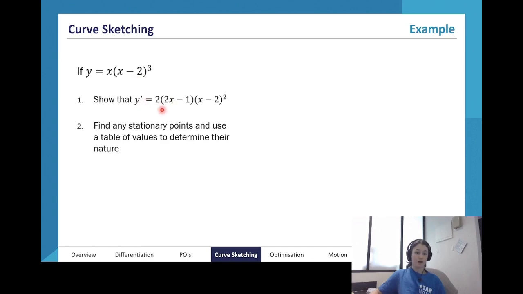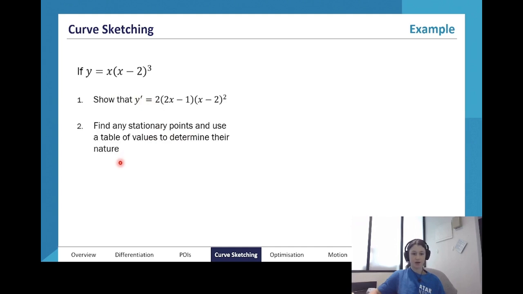And if you can't figure this out on the day of an exam, you attempt this first part, but you just can't figure out how to show that the first derivative is equal to this, it means you just need to take this result and roll over to the next question and stop wasting time on this first part.